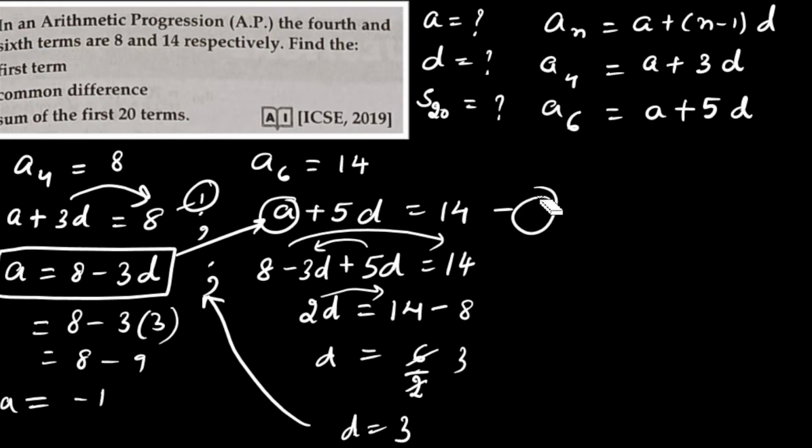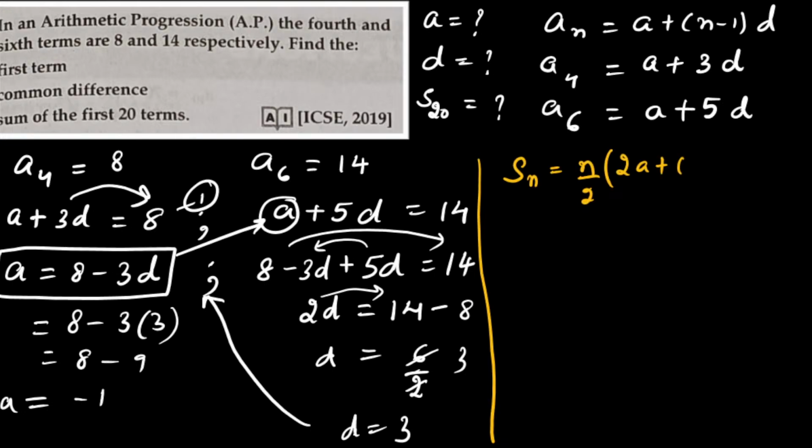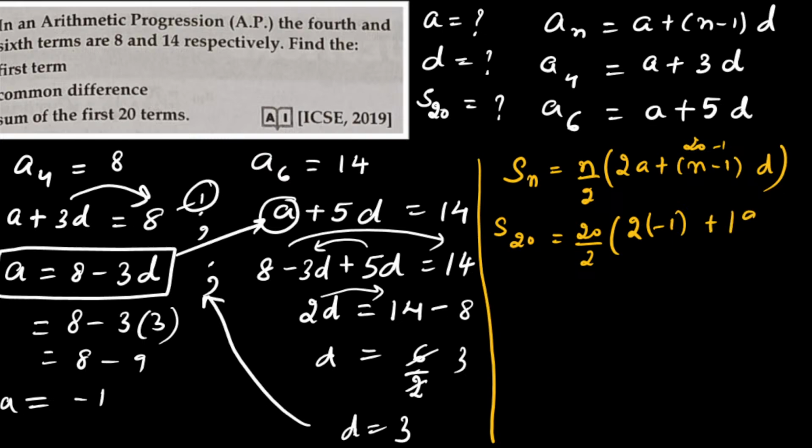Let's find S20 by using the Sn formula. So Sn is equal to n by 2 into 2a plus n minus 1 into d. So for S20, in n's place you have to write 20. So 20 by 2 into 2a, A's value is minus 1, plus 20 minus 1 into d. 20 minus 1 is 19.